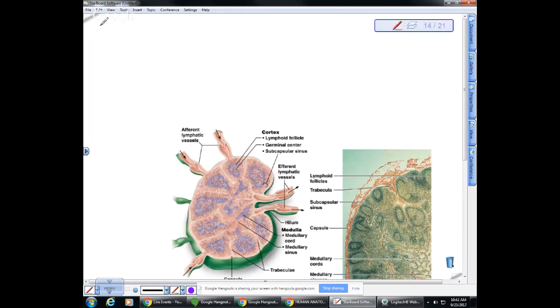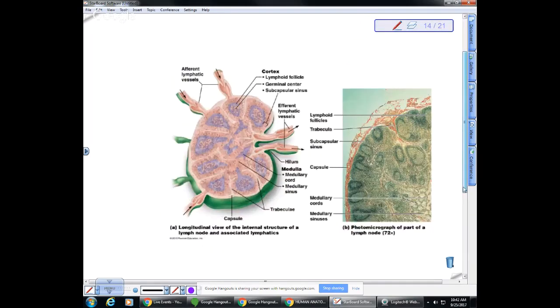Okay, so this is an example of a lymph node. And so notice that the lymphatic fluid flows in it in a unidirectional manner. So it comes in, and notice that the lymphatic vessels have valves, and that's what prevents the backflow. So when I said that they're like veins, they have valves.